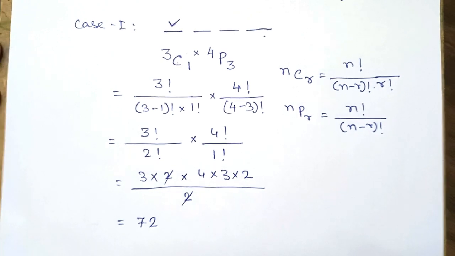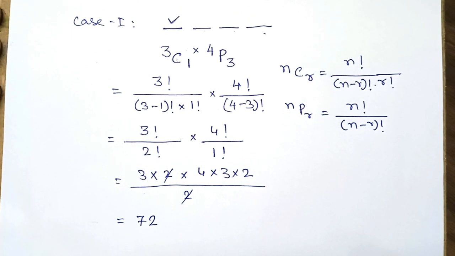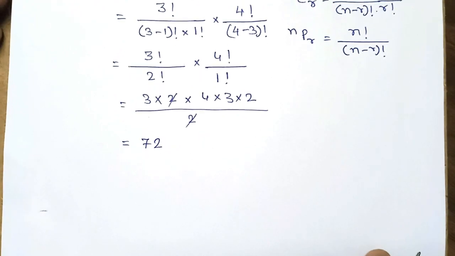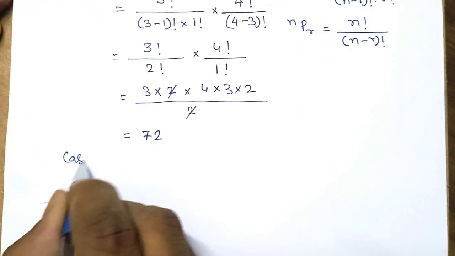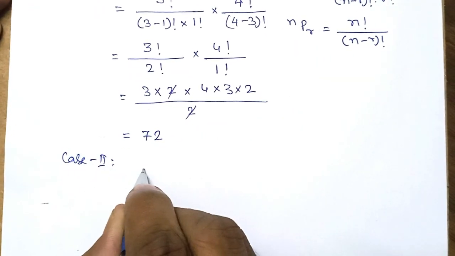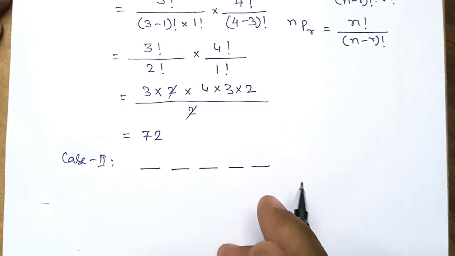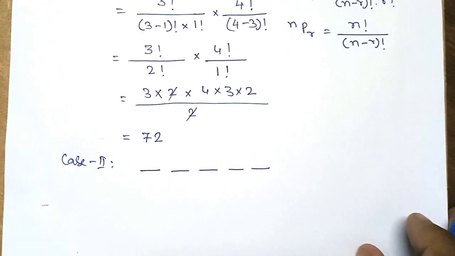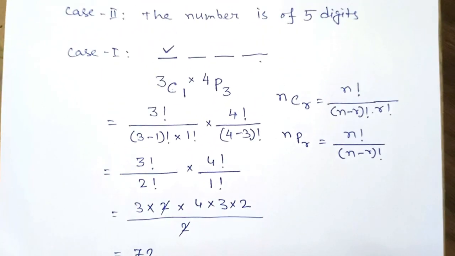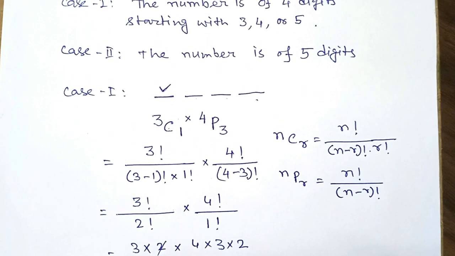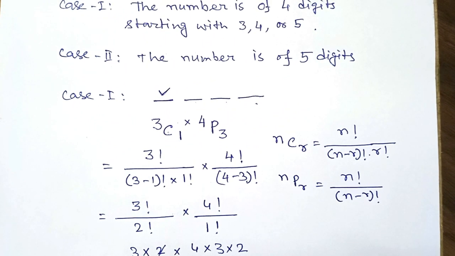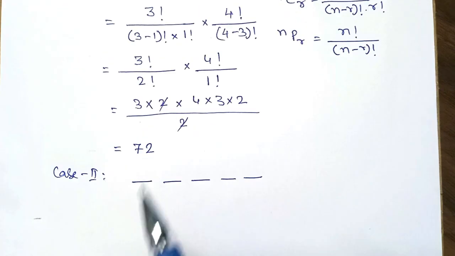Now we have to check how many numbers we can form with case 2. For case 2, we have the digits 1, 2, 3, 4, 5, and without repeating any of them, we can make 5 factorial permutations. As it is a 5-digit number, it is naturally greater than 3000.